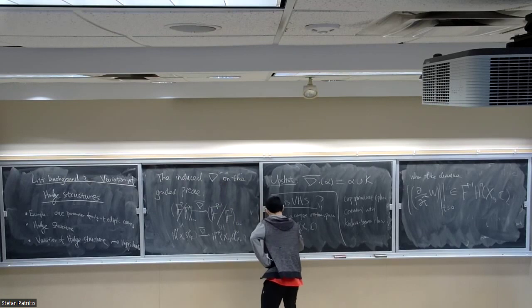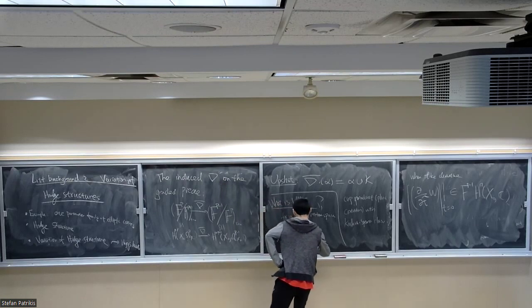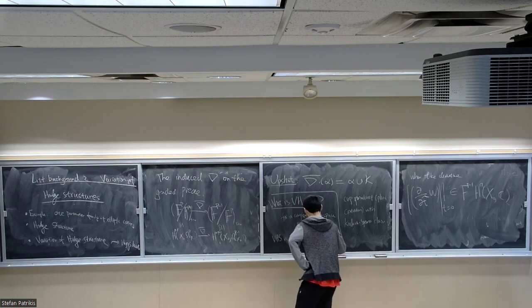So VHS is to vary complex subspace in it.